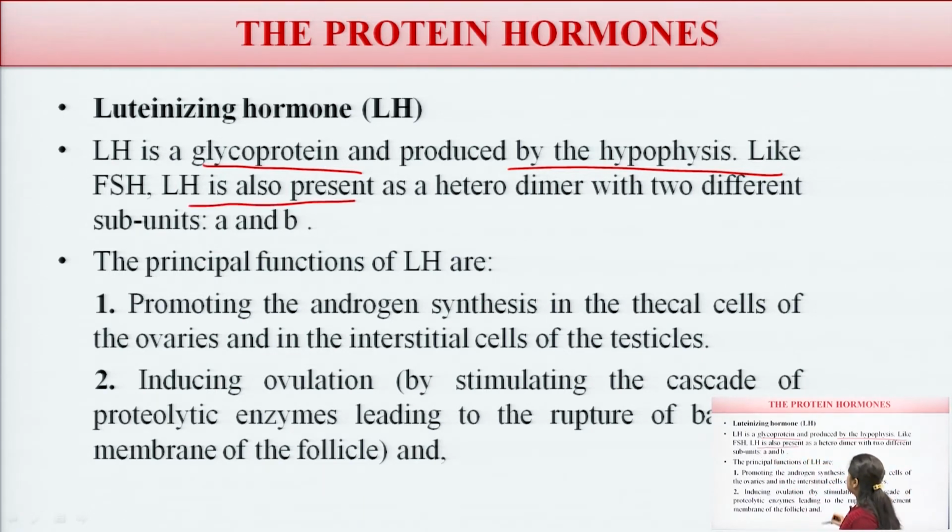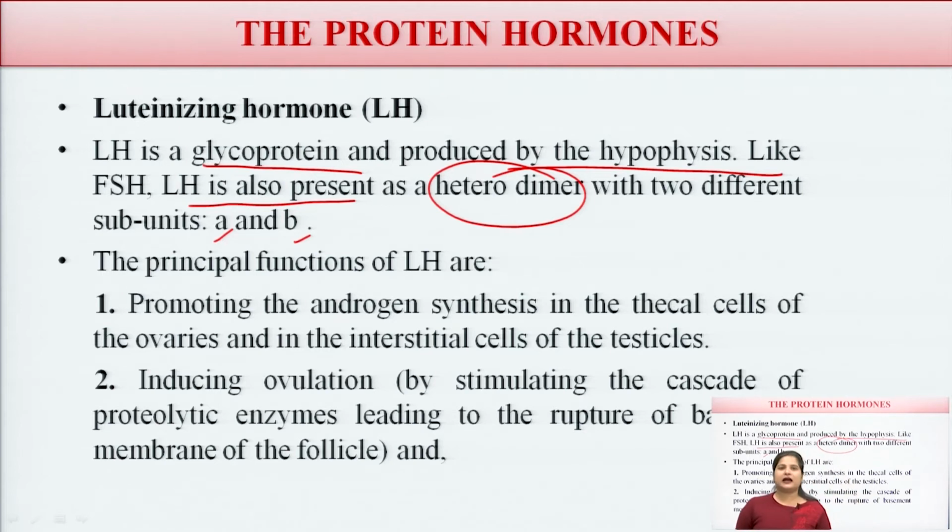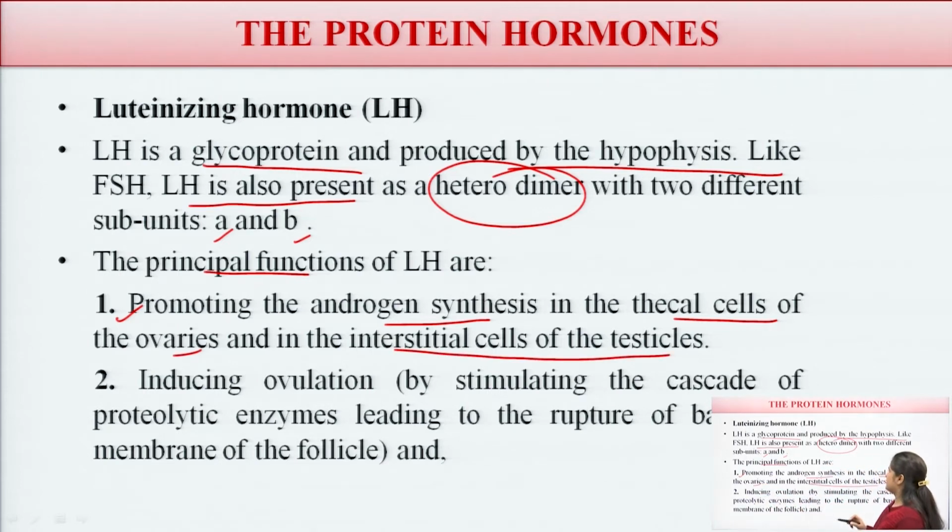LH is also present as a heterodimer with two different subunits, subunit A and subunit B. The principal function of the LH is to promote androgen synthesis in the thecal cells of the ovaries and the interstitial cells of the testes.